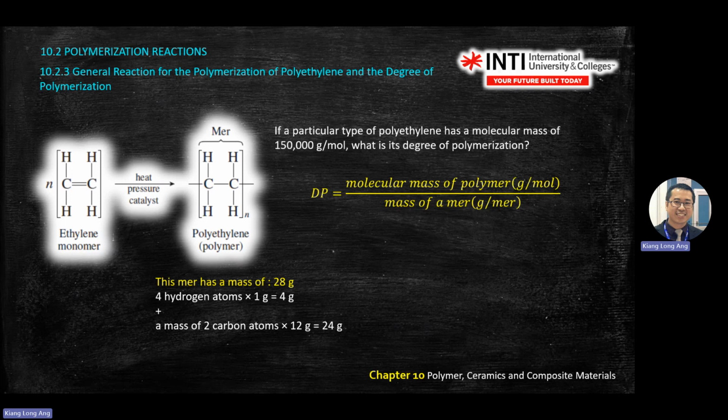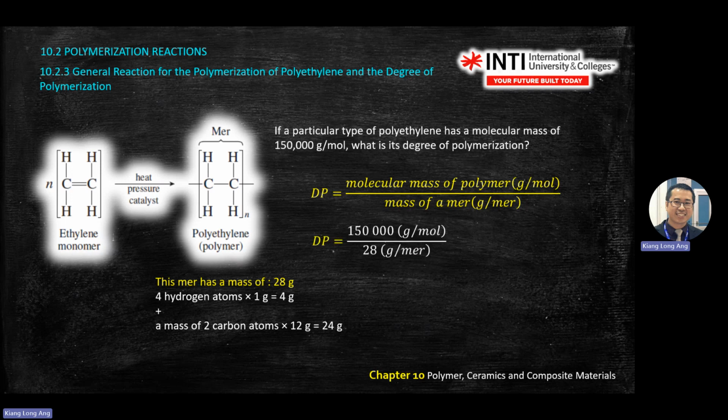Hydrogen is 1. So how many? 12, 16. Correct? 16 gram per mole. Sorry. 28. 12, correct, 24. So the monomer is 28.